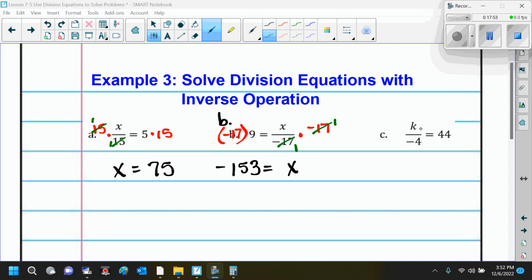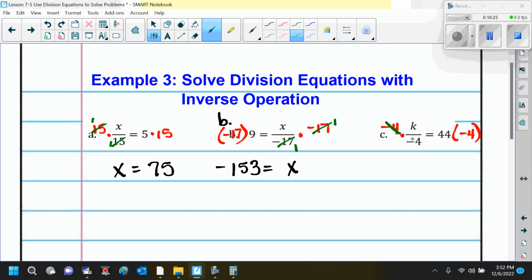So letter C says k divided by negative 4 is equal to 44. So again, we're going to use our cover-up to cover up k. That means we want to get rid of the negative 4. So because this is a division problem again, we're going to multiply times negative 4 on this side, and we'll multiply times negative 4 on the other side. We've got to do it on both sides to keep the balance.